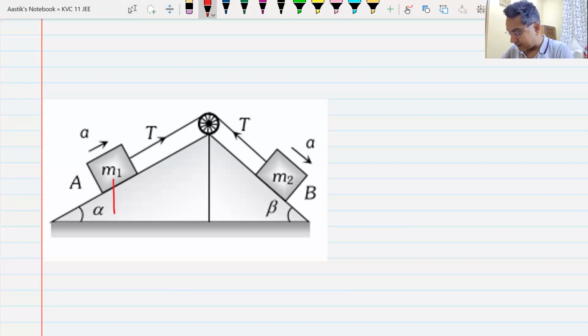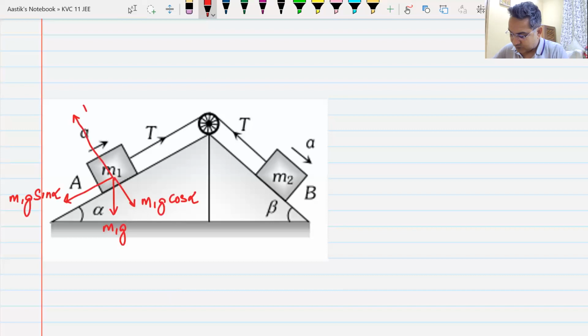If I draw the free body diagram, this one will be M1G. This will be M1G sine alpha. This will be M1G cos alpha. And this one will be the normal reaction N1 on this side. This will be M2G.